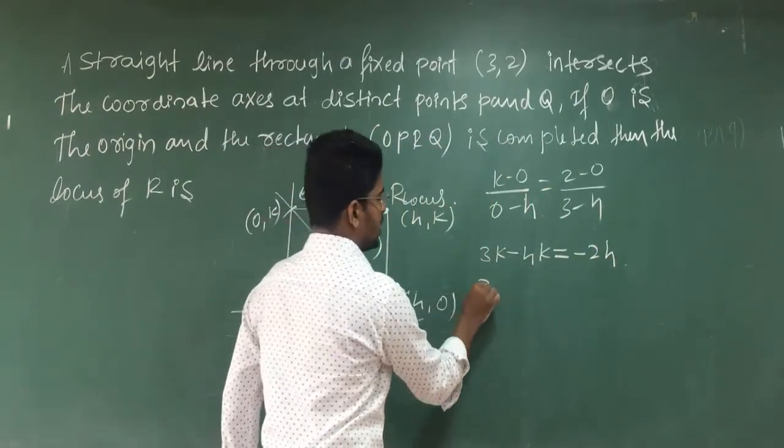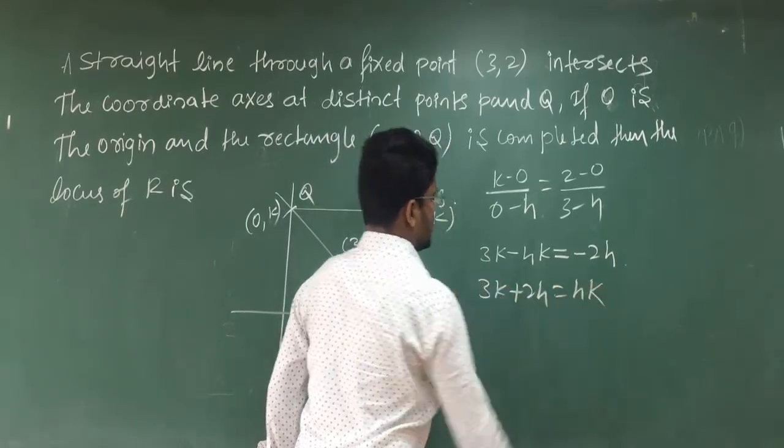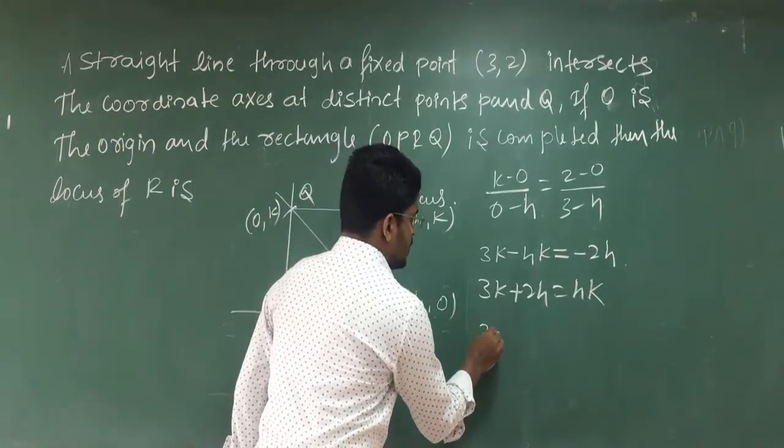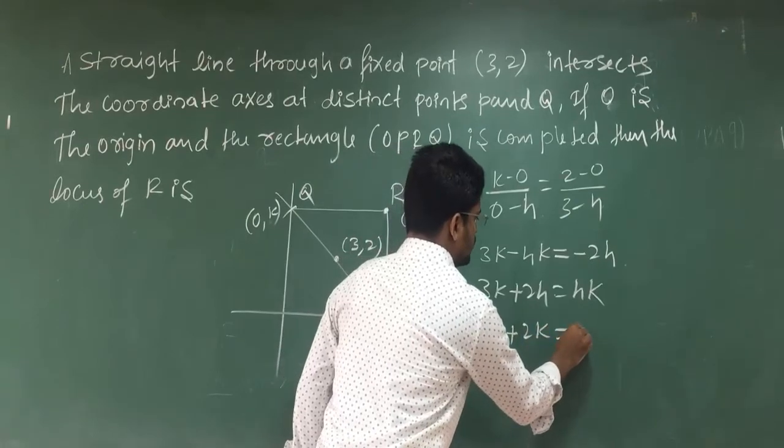If I simplify, 3k plus 2h will be equal to hk. If I divide by hk, it will be 3/h plus 2/k equal to 1.